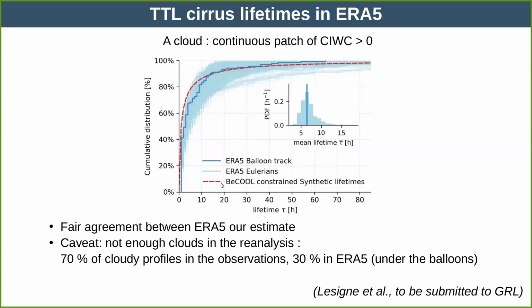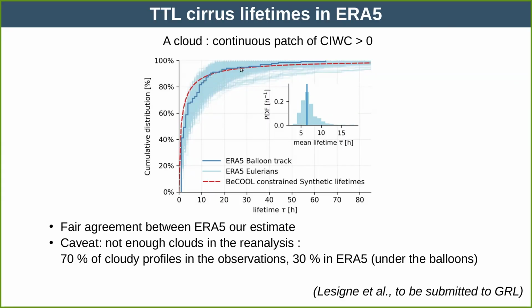Our best fitted law is the red dashed line here. The lifetime distribution along the balloon track is the dark blue curve here, and the light blue beam is the Eulerian lifetime distribution seen at each model grid point under the balloon track.